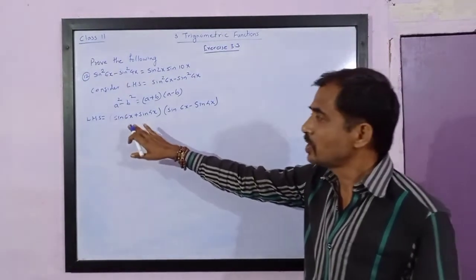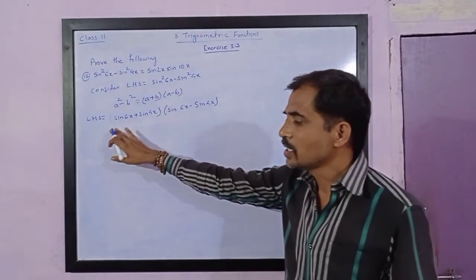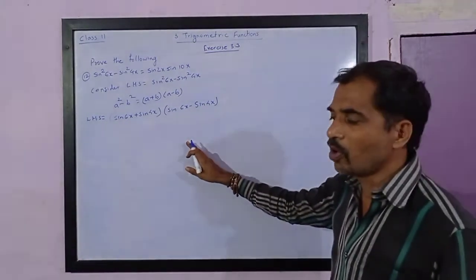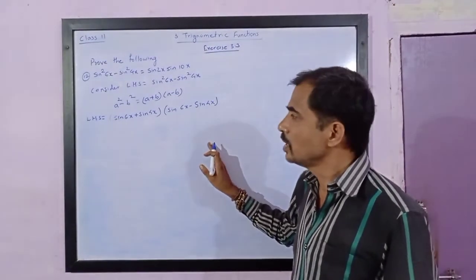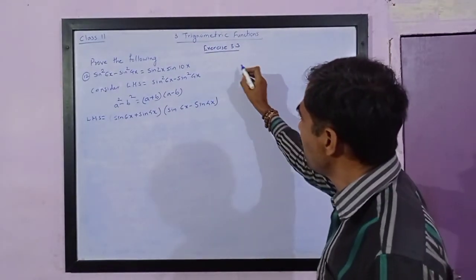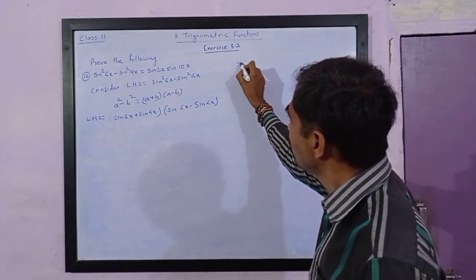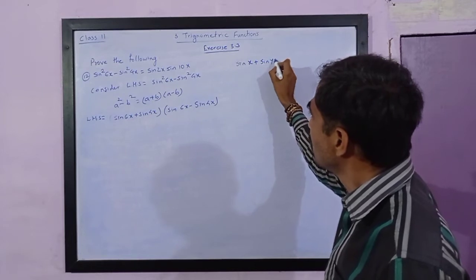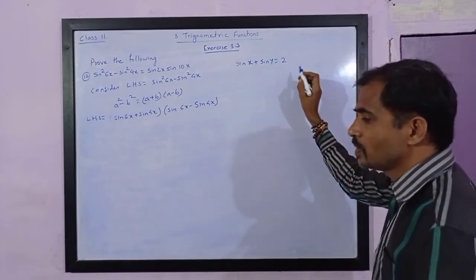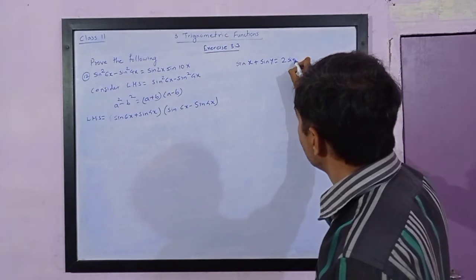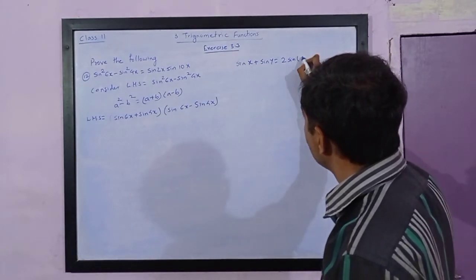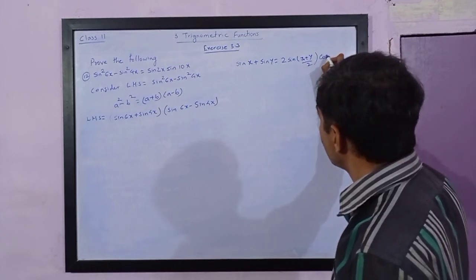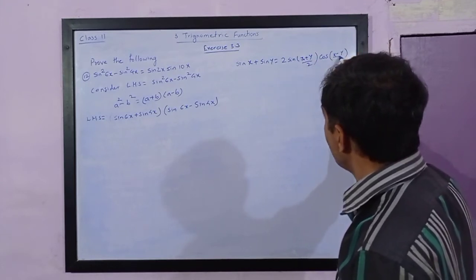We have studied the 20th or 21st number identity: sin x plus sin y is equal to 2 times sin of x plus y upon 2 into cos of x minus y upon 2.